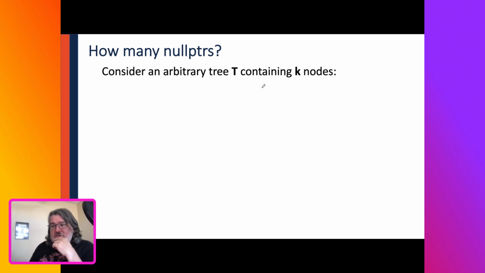I would take more questions. But tree T has k nodes. Okay. So I'm going to draw tree T as this. It has a root plus 2 subtrees.